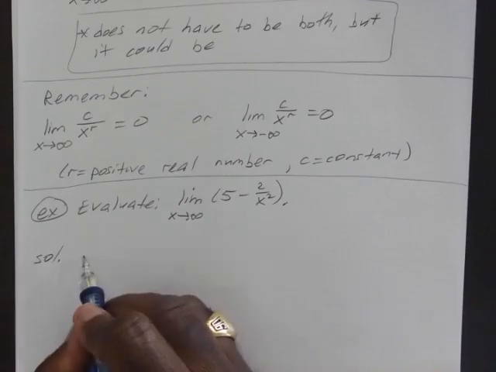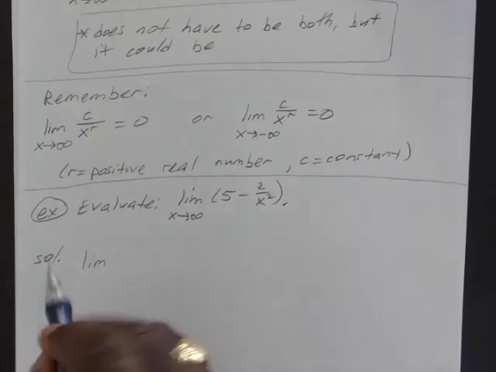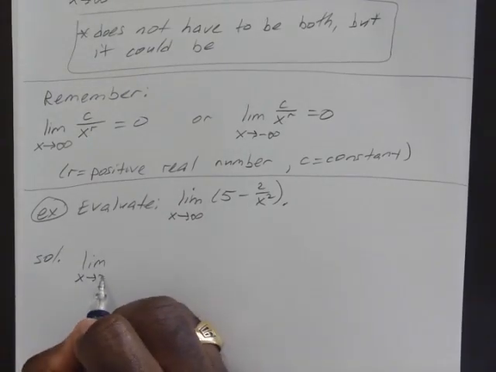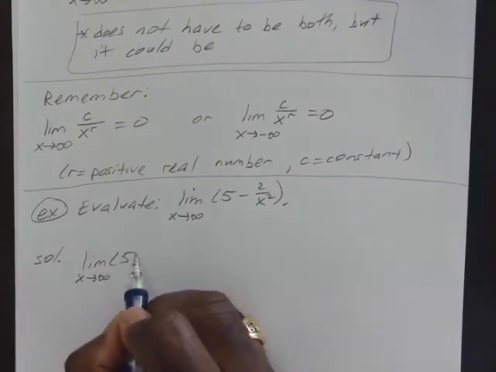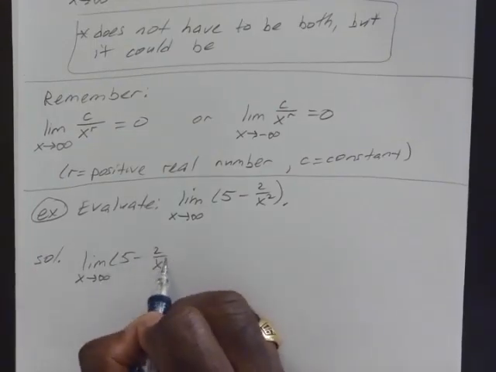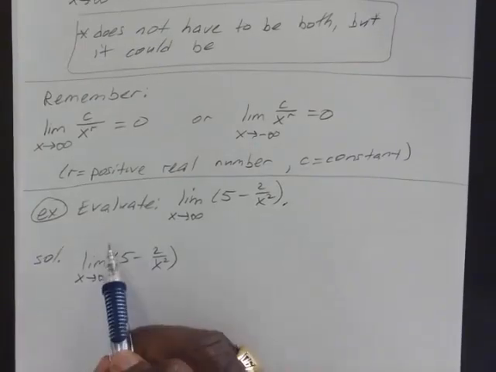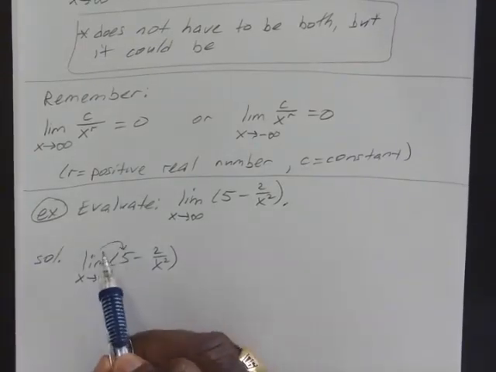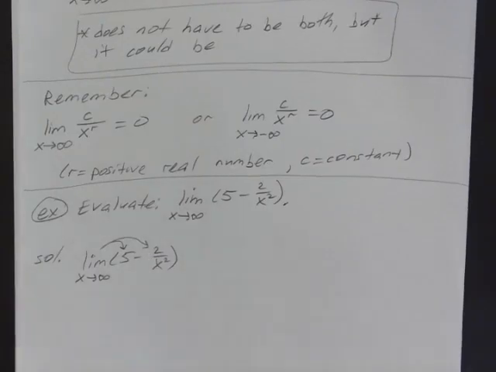So I'm just going to rewrite that. 5 minus 2 over x squared. And by the limit properties, we're just going to go ahead and distribute that to both terms.